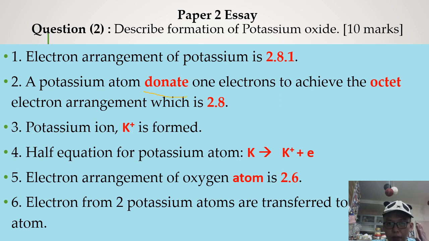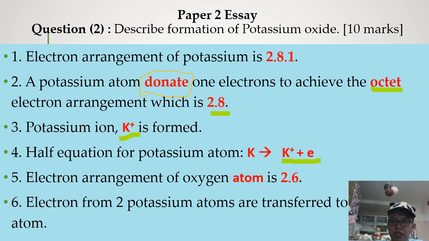Use the keyword donate, or you can use the keyword transfer, to achieve a very stable octet electron arrangement, which is 2.8. So a potassium ion is formed, with positive charge. Half equation for the potassium atom: potassium will donate an electron to form K plus. Always remember, for the electron donated, you put it at the right hand side.